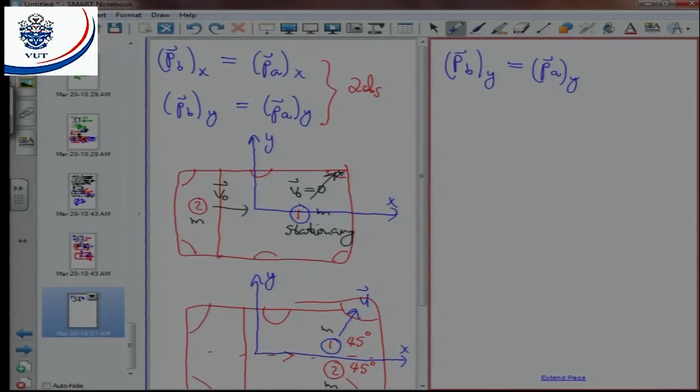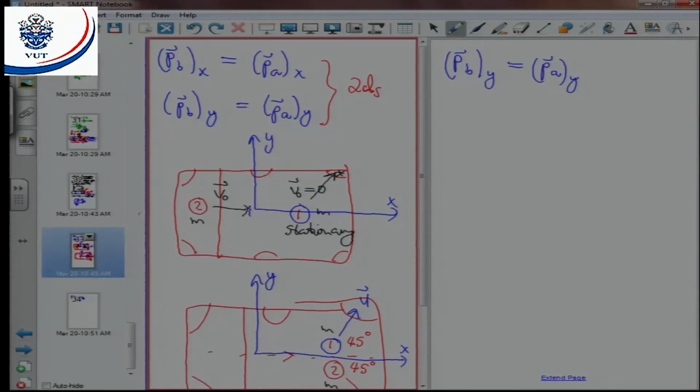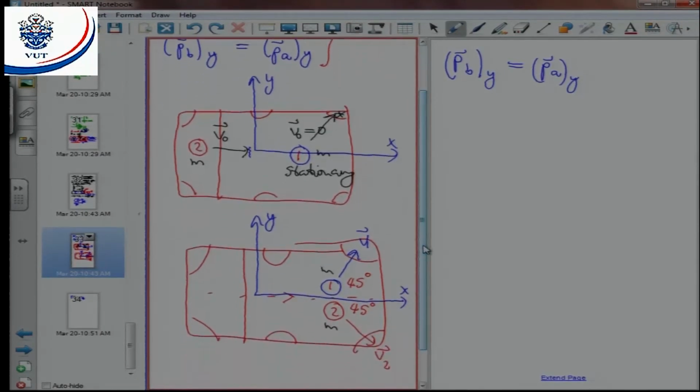Why did I say it's easier to start with the y? Because initially we don't have any y momenta, and afterwards we only have y momenta opposing each other. Whereas initially in x we have x momenta, and after we have y momenta. So there's 3 terms here, there's 2 terms there. So it's easier to work with this one.